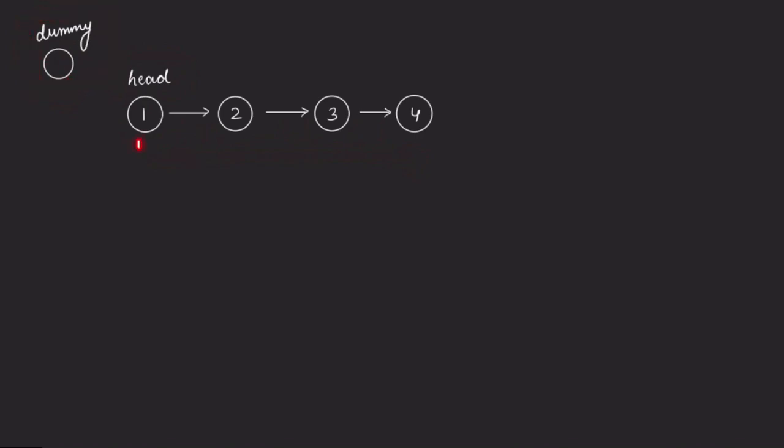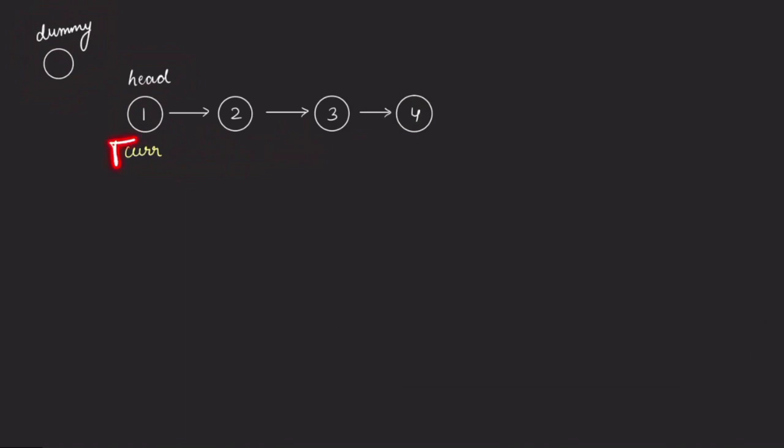Now we need to swap these two nodes. So how are we going to do that? Since I want to swap these, I would have some pointer which should be pointing to these nodes. Let us suppose that I have a pointer named current or cur. This will point to my current node.